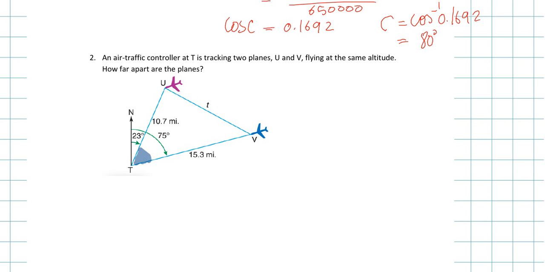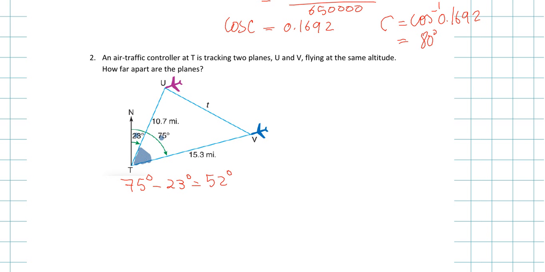So to find it, I have to do 75 minus 23, because that is not included in my triangle. So my contained angle is 75 minus 23, which is 52. This was the trick for this question. The rest should be easy.